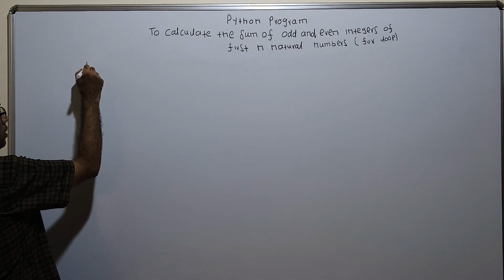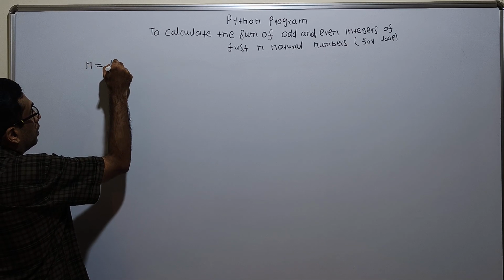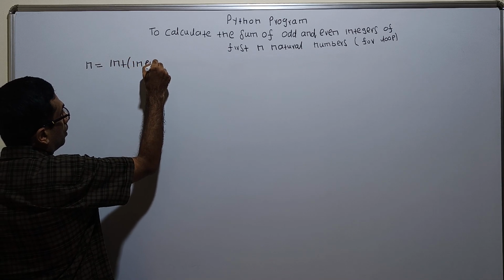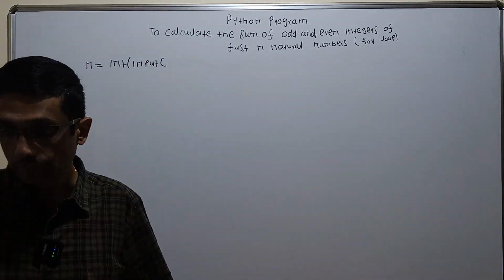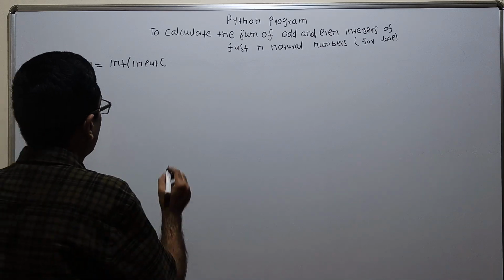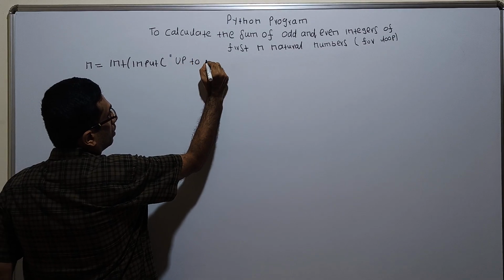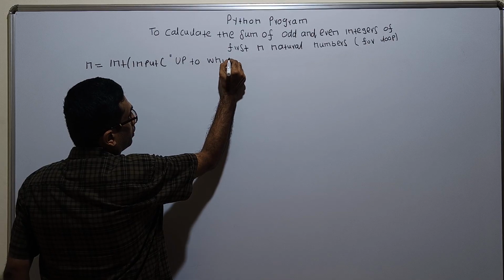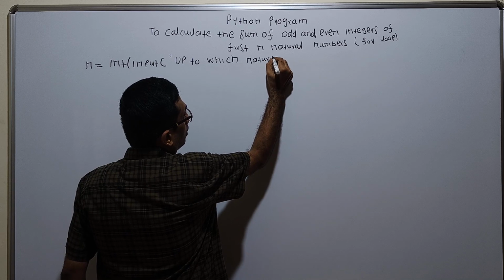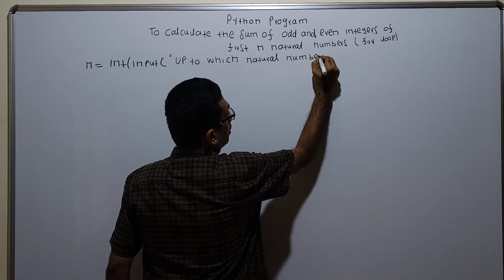I am having a variable n equal to int of input of a string, "up to which natural number?"